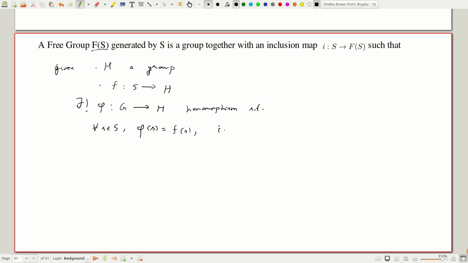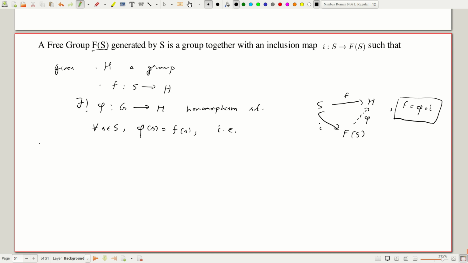That is, if I look at S and it's included into my free group F of S, and I have a map to H, then there's a homomorphism so that this diagram commutes. This is called f and this is phi. So that can be written as f is phi composed with i as maps of sets.